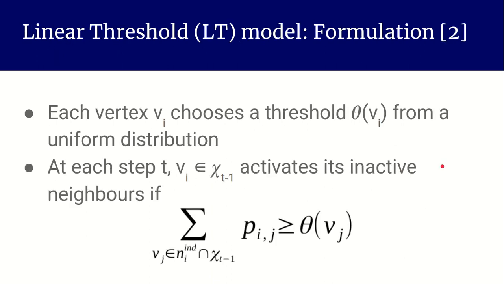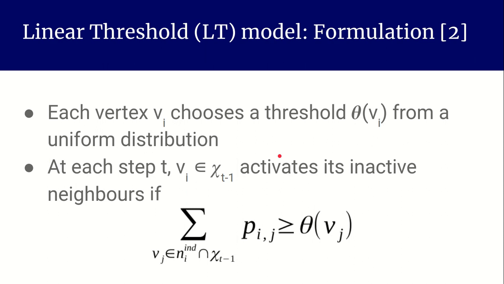Okay. Lastly, in the linear threshold model, each node v sub i chooses a threshold theta v sub i from a uniform distribution. The underlying distribution to choose from isn't important, so you can also select a different distribution, but the authors in this reference here choose a uniform distribution.